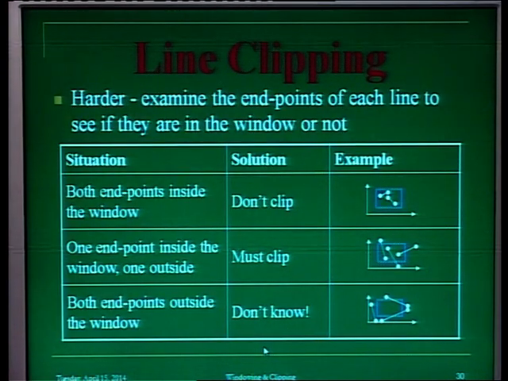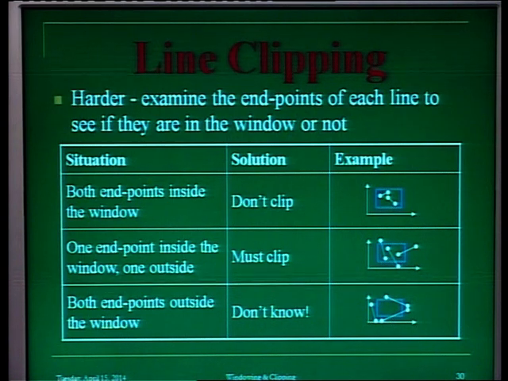Next is line clipping. This is somewhat harder than point clipping. We will examine the endpoints of each line to see if they are in the window or not. A line can be defined by specifying two endpoints of the line.